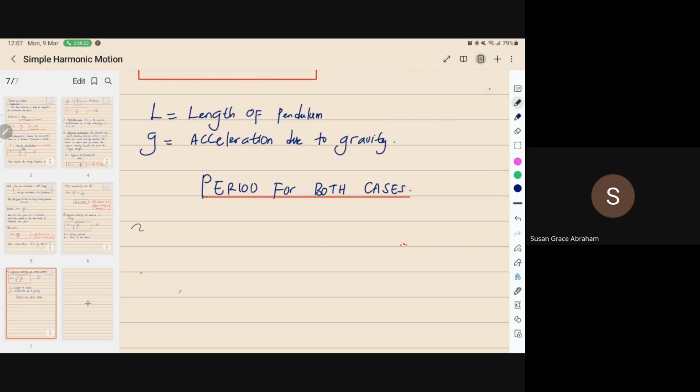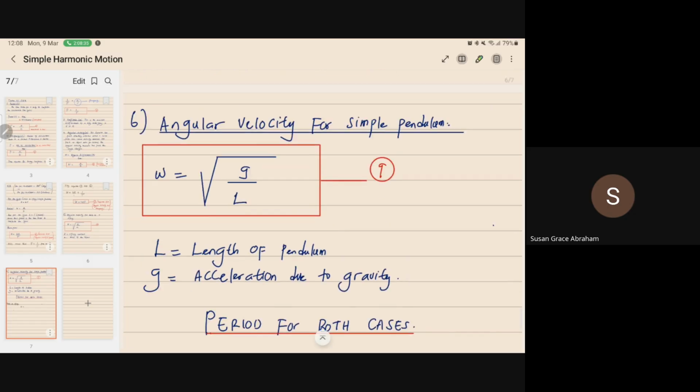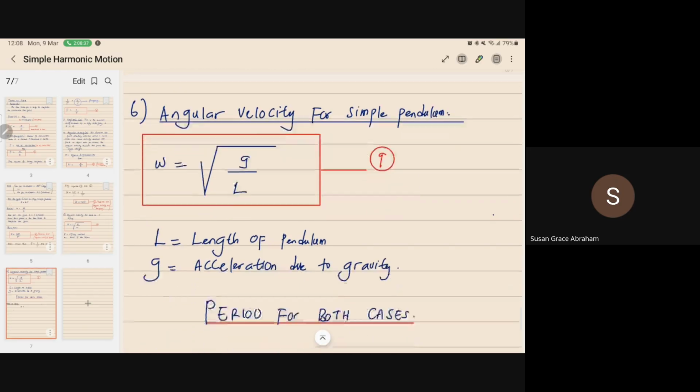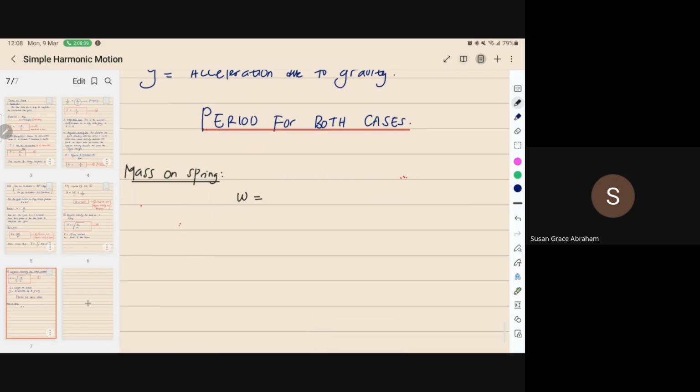Okay, interesting. So for mass on a spring, we'll have that w is equal to square root of k over m. Just understand the process where the formulas are coming from.